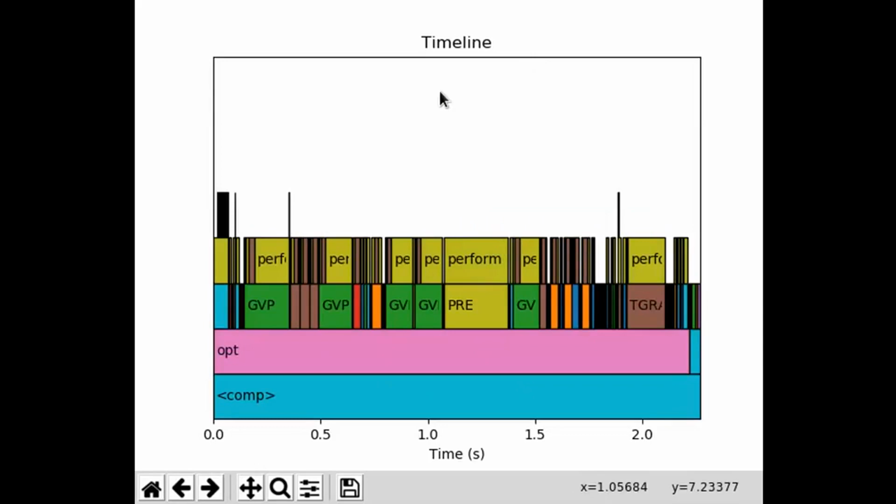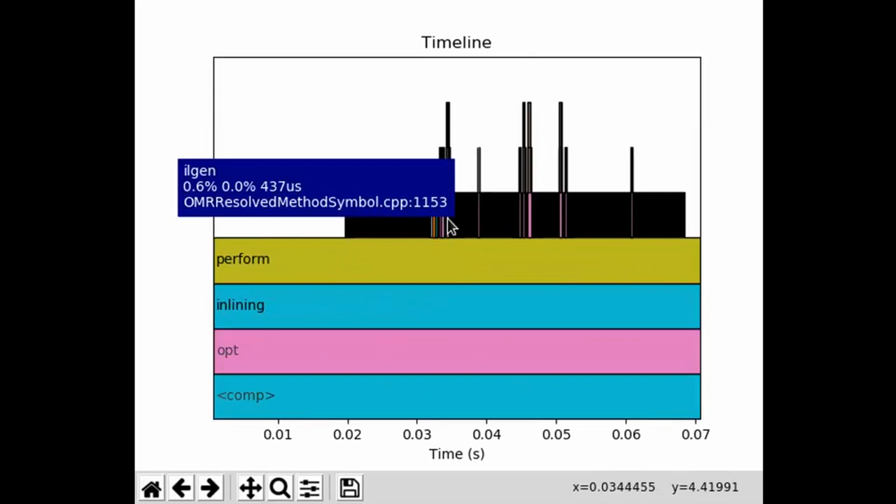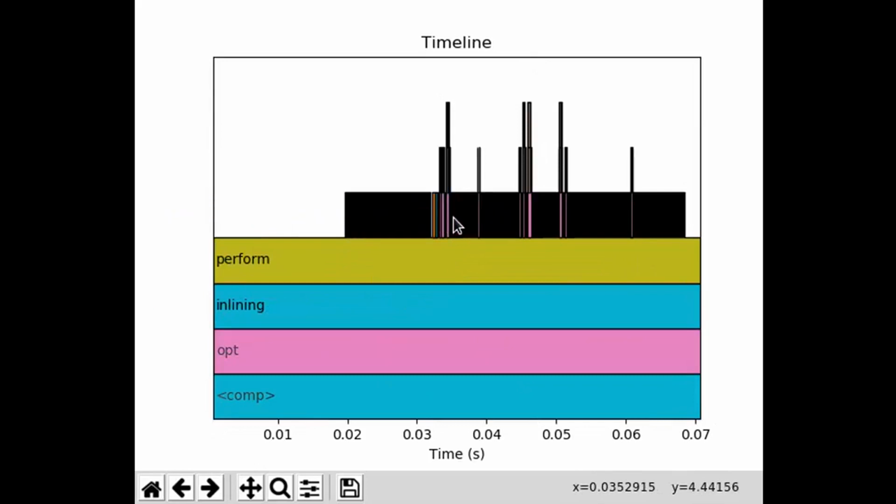You can also say here's inlining, and this is ILGen, and you can say, okay, what were we really measuring when? Oh, you know what? That's not going to show up. I'd have to switch windows again.